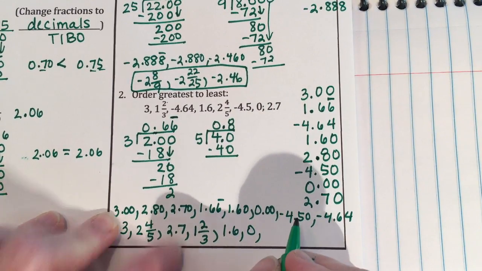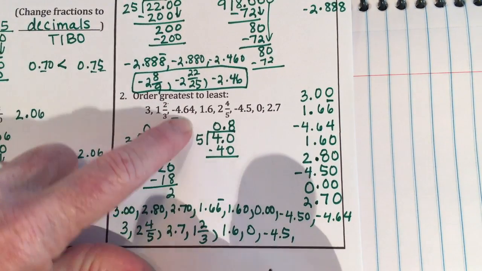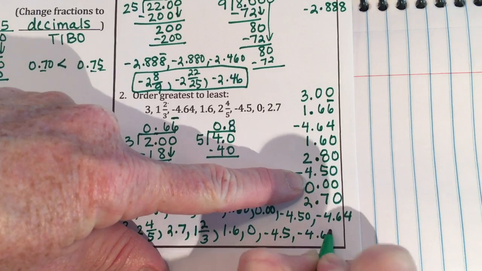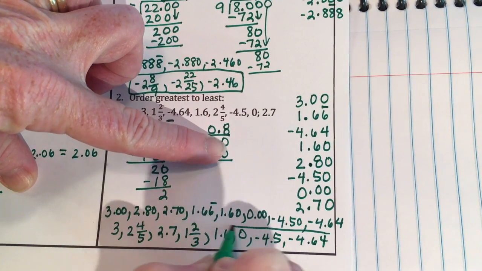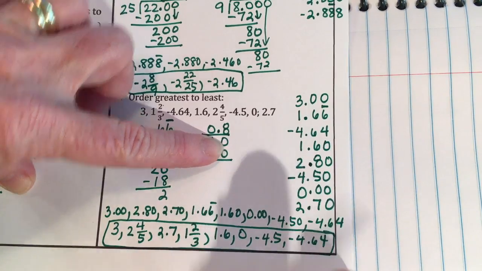Negative 4.5 was negative 4.5. And negative 4.64 was negative 4.64. All right, so once you get everything in the correct order and in the right form, then that's your answer.